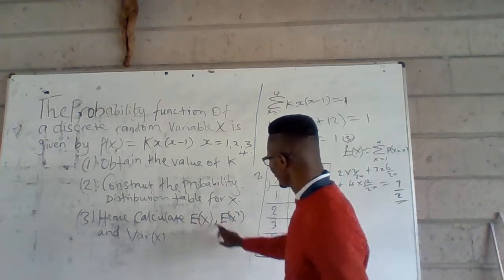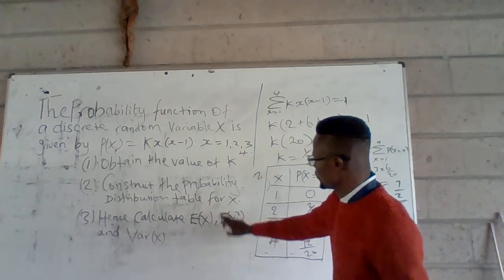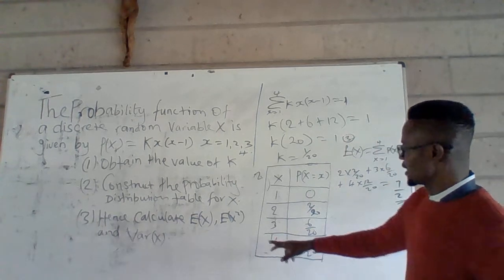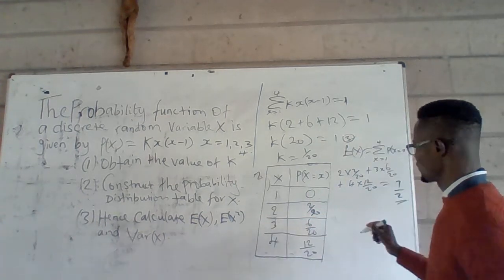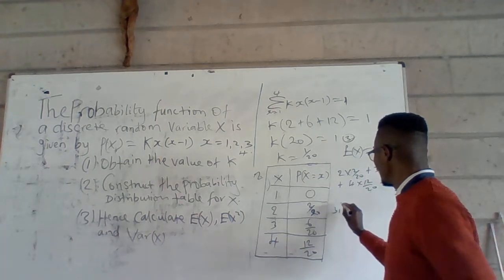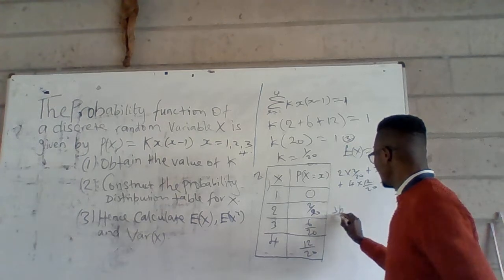So we are also to find the expectation of x squared. So here x is squared. This is 3b.